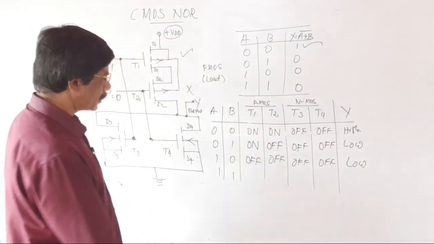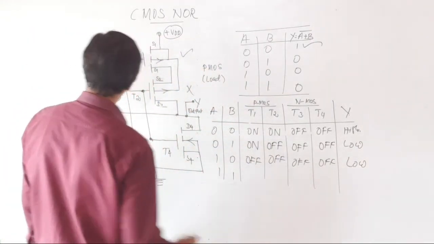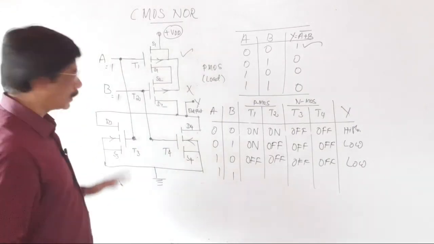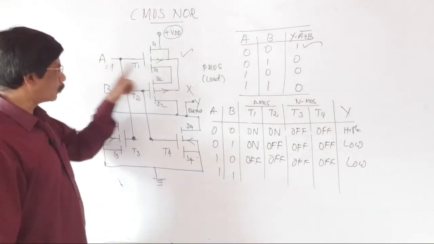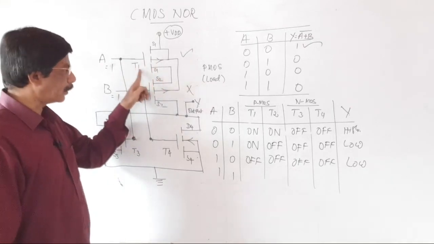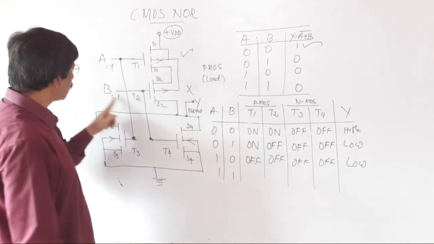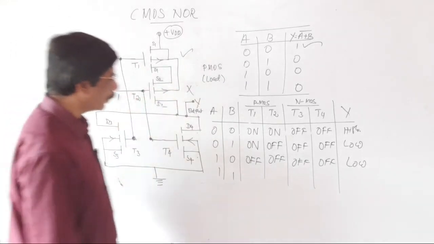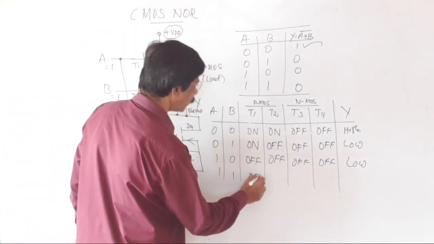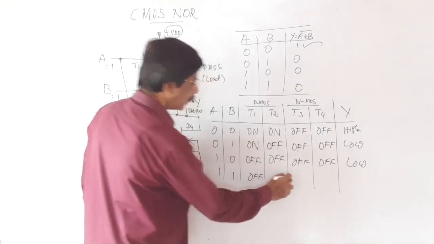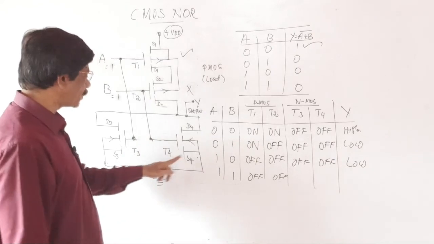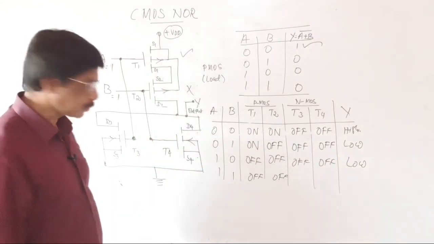The last case, A is equal to 1, B is equal to 1. Under this case, the high signal switches off the PMOS transistor T1, and this high signal switches off the PMOS transistor T2. Both T1 and T2 are off. Definitely when T1 and T2 are off, both lower NMOS transistors are also off.